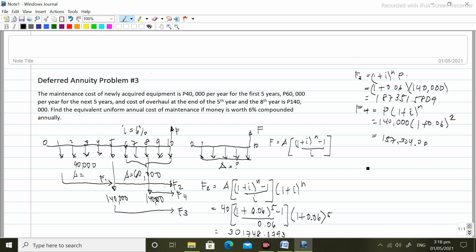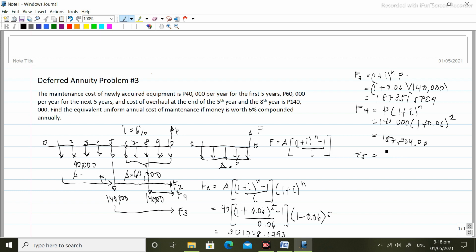So lastly, yung F5, ito yung 60,000 annuity. So ordinary annuity yan. Diba dito yung 0, tapos ito na yung 1. So 1, 2, 3, 4, 5. So 5 yung term natin.